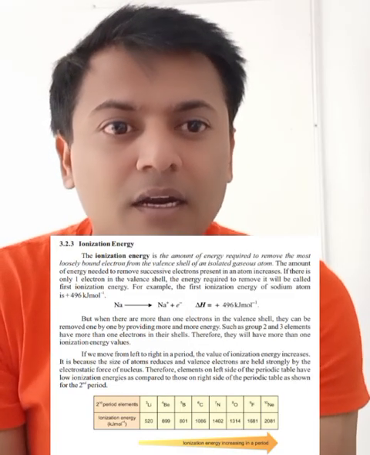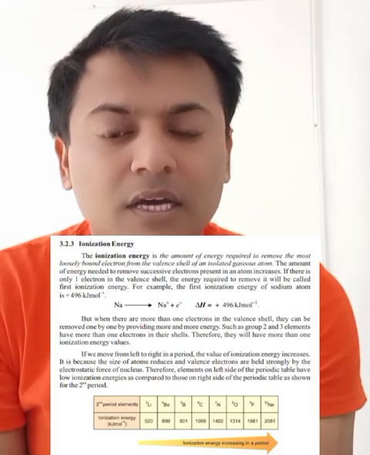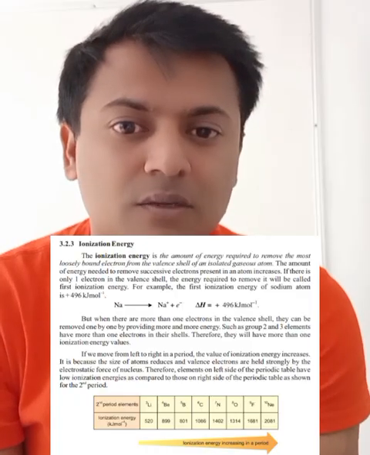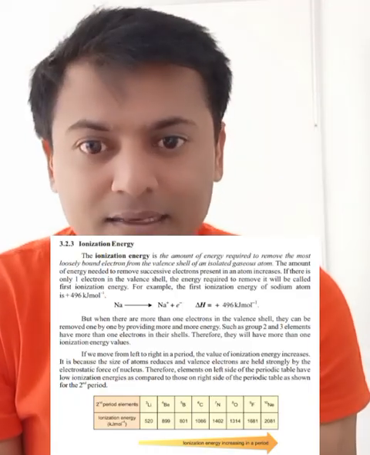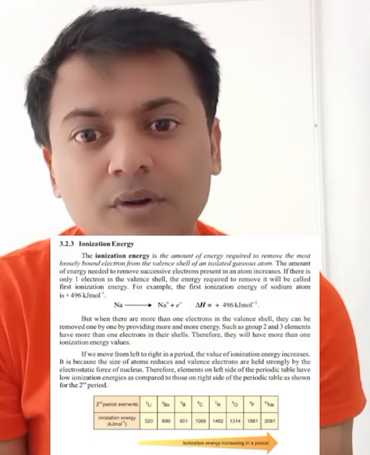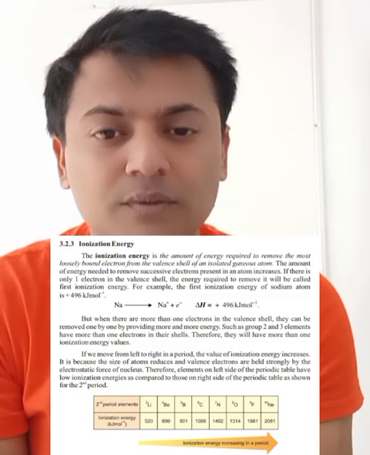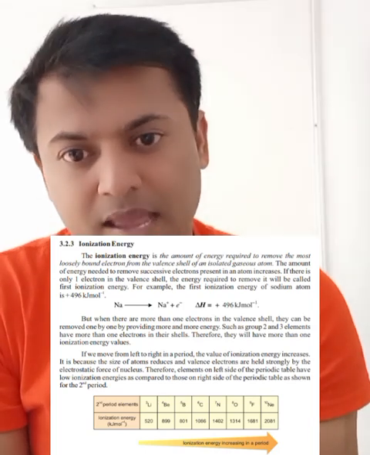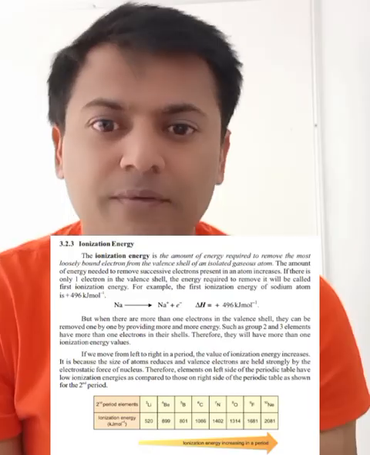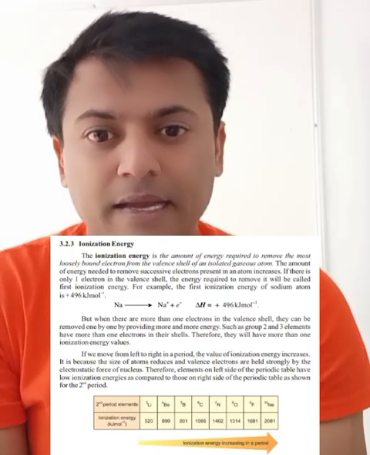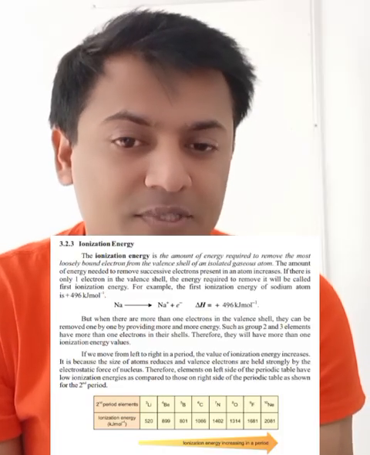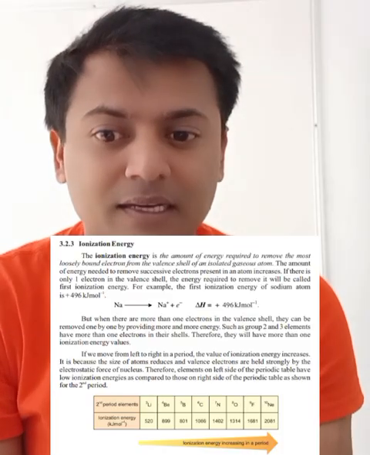When we are discussing half filled shells, or the s shell, the energy will be higher, like more energy will be required to remove the electrons from the s orbital or from a half filled orbital. If we talk about the exception, only two exceptions can be seen in the period.